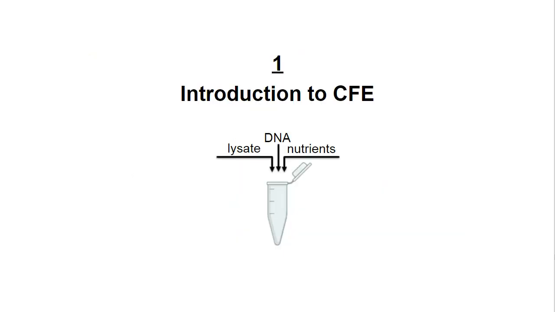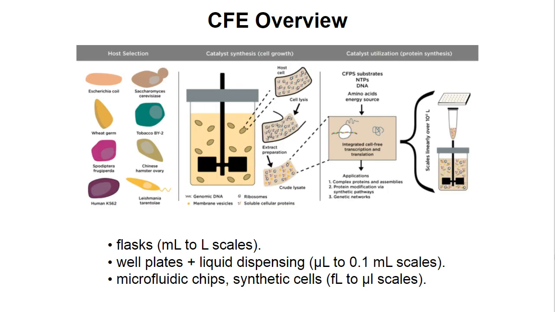Let me introduce what cell-free gene expression is in this first part of the webinar. A cell-free gene expression system includes different parts. One of the major parts is a cytoplasmic lysate prepared from living cells.